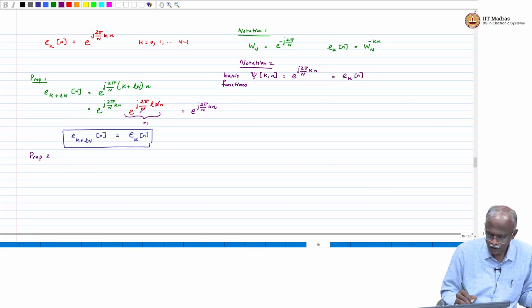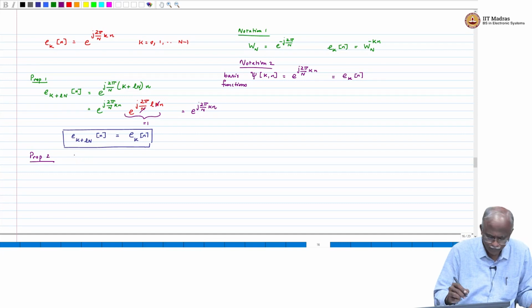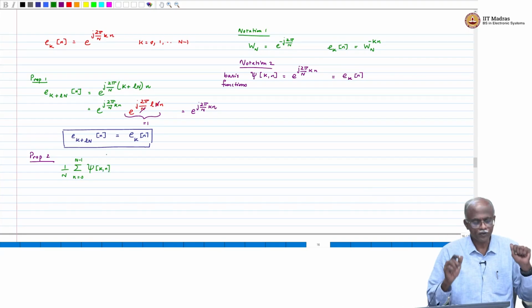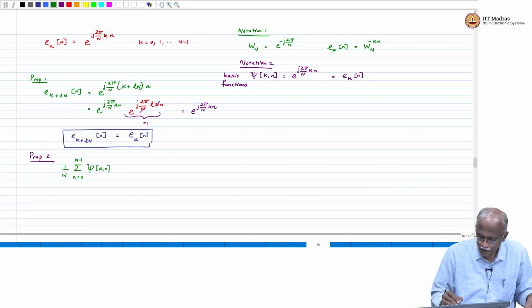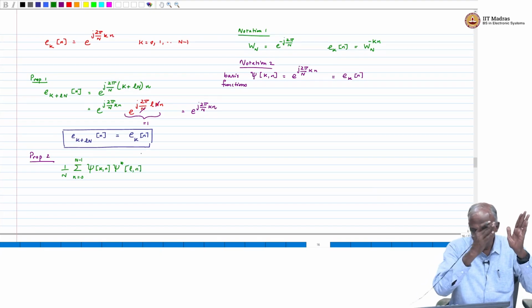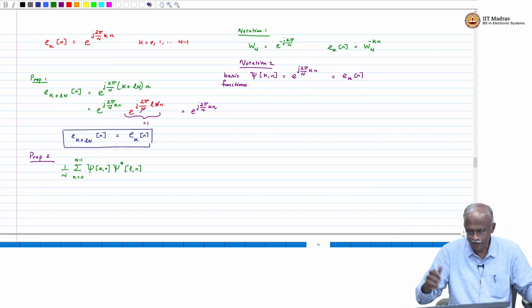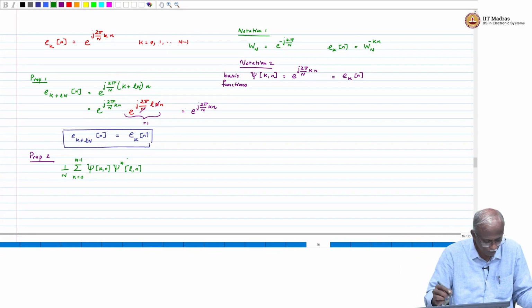Property number 2 says that if you look at the following computation, 1 over n, summation n equal to 0 through n minus 1, psi of k comma n. This is one of the basis functions, and if you take its multiplication or correlation with another basis function, psi conjugate L comma n, where n is the time index, the first basis function is the kth harmonic and the second is the sinusoid with the Lth harmonic.